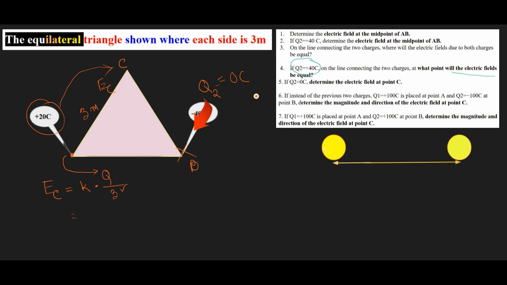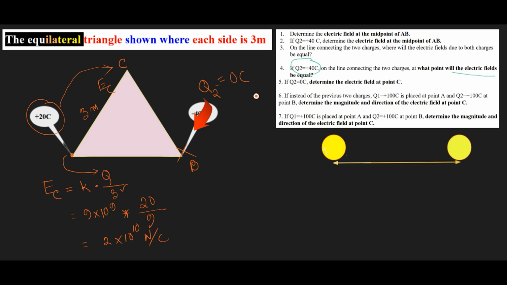So the value of k is 9 into 10 to the power 9. This is 20 over 9. So we'll get the value of electric field at point C is 2 times 10 to the power 10 Newton per coulomb.